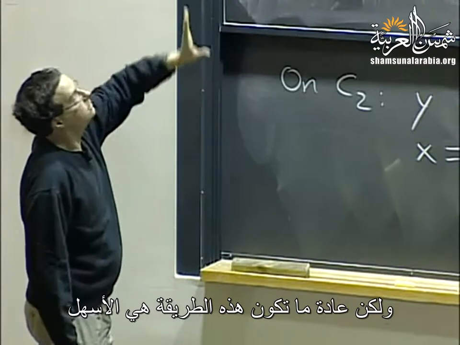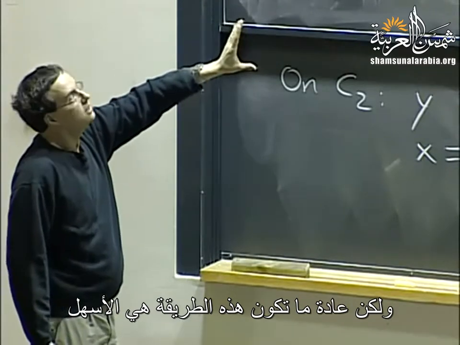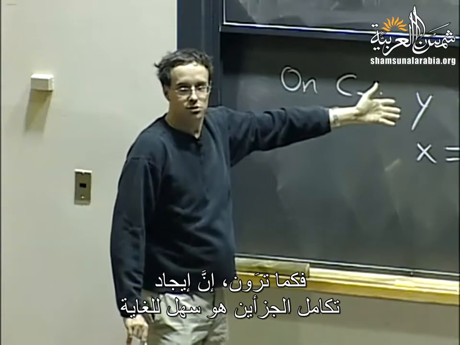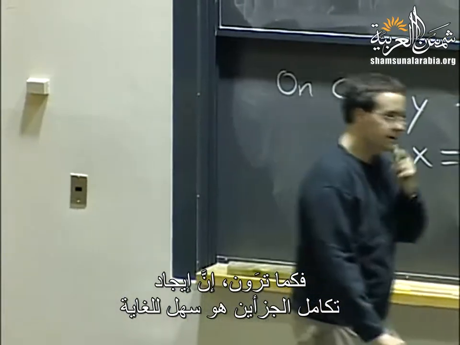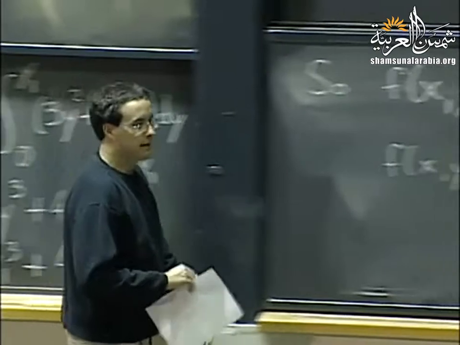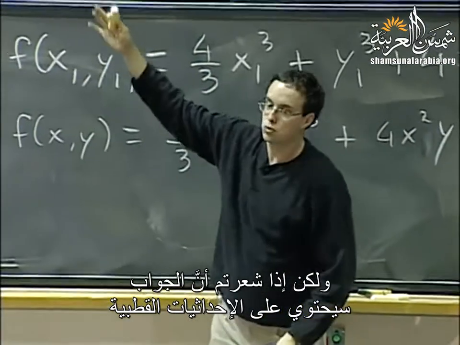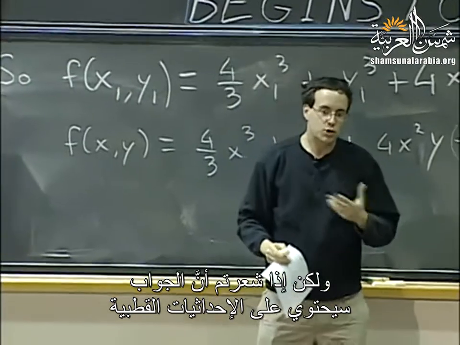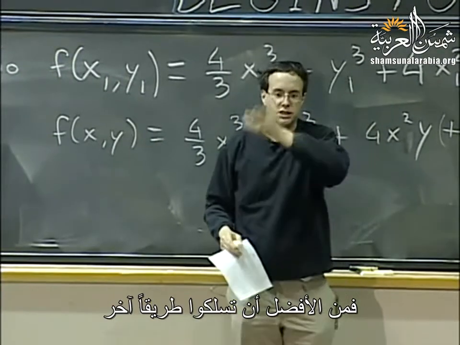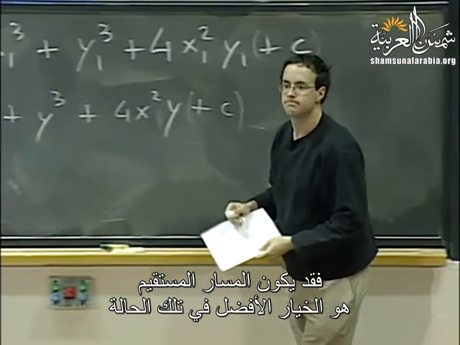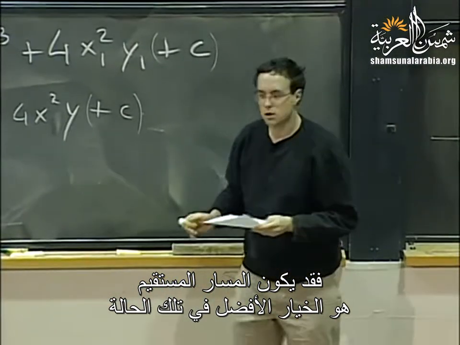But usually, this setting is easier just because each of these two guys was actually very easy to compute. But maybe if you suspect that polar coordinates will be involved somehow in the answer, then maybe it makes sense to choose different paths. Maybe a straight line is better. Okay.